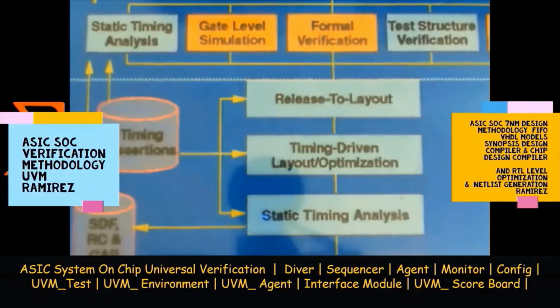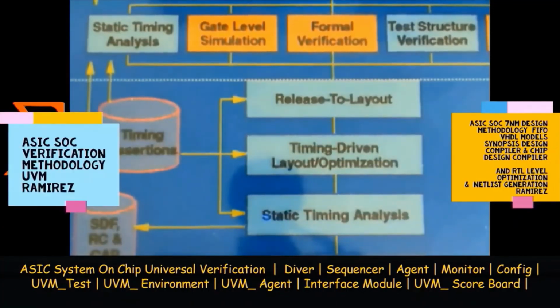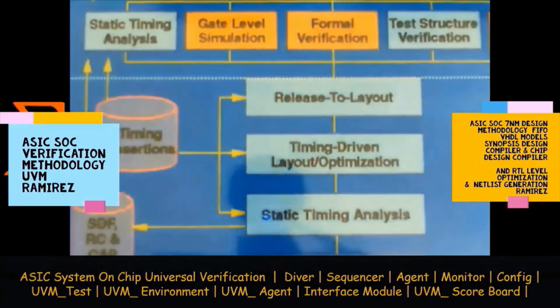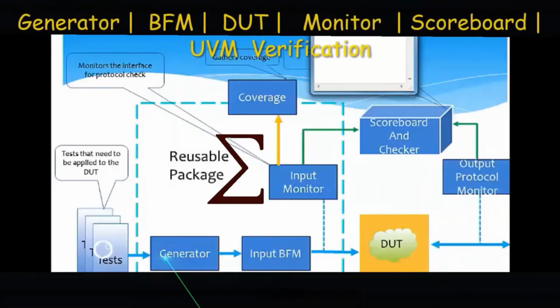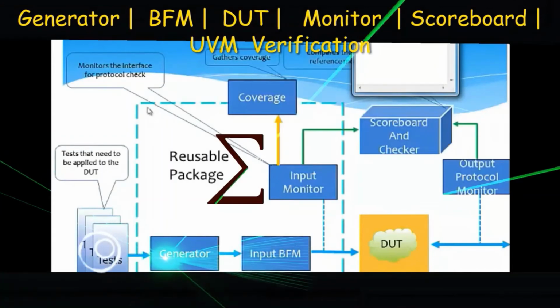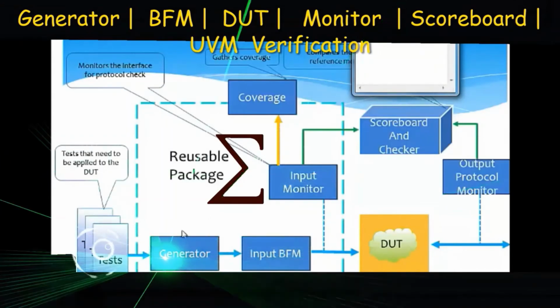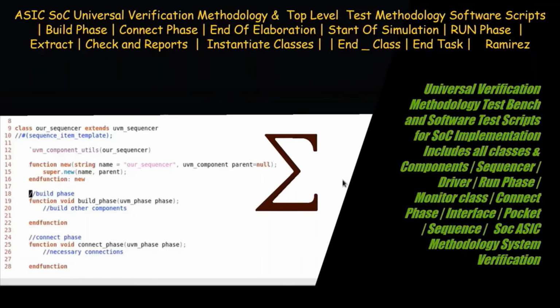Now I will talk about the test plan creation in the universal verification methodology. The tests are applied to the DUT and fed to the signal generator to generate the input to the bus functional model, that is the BFM, in order to drive it to the DUT, device under test.